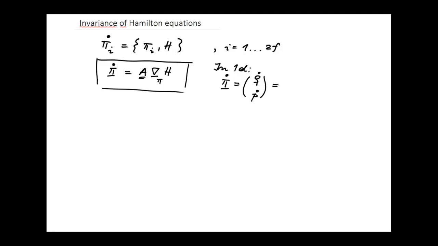Now we know q dot equals the partial of the Hamilton function with respect to momentum, and p dot equals minus the partial of the Hamilton function with respect to position.